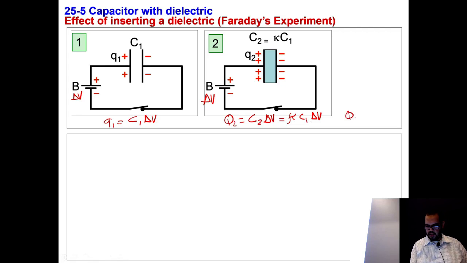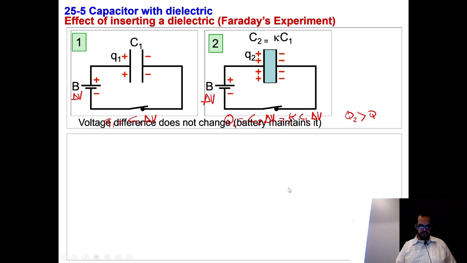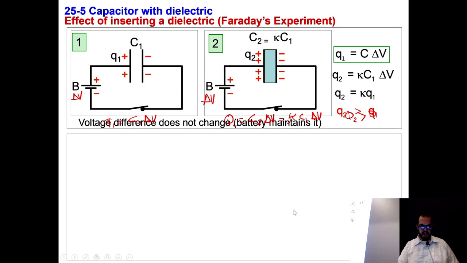Q2 is larger than Q1. In fact, it's multiplied by kappa. So the higher the dielectric constant you put, the higher the charge you will be able to accumulate in this capacitor. So Q2 is equal to kappa Q1.